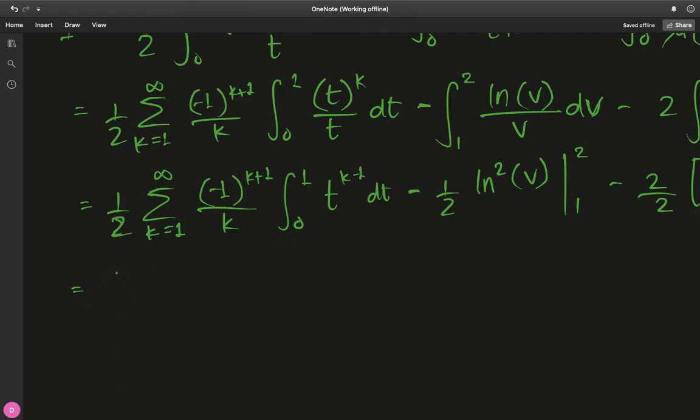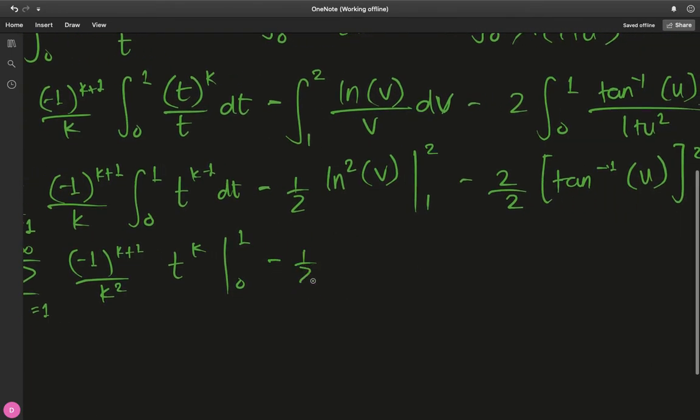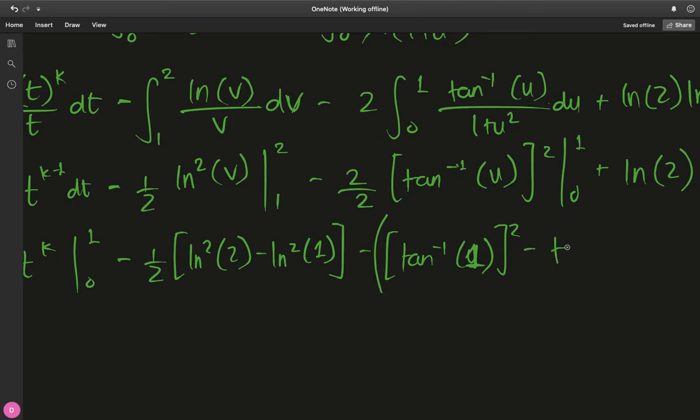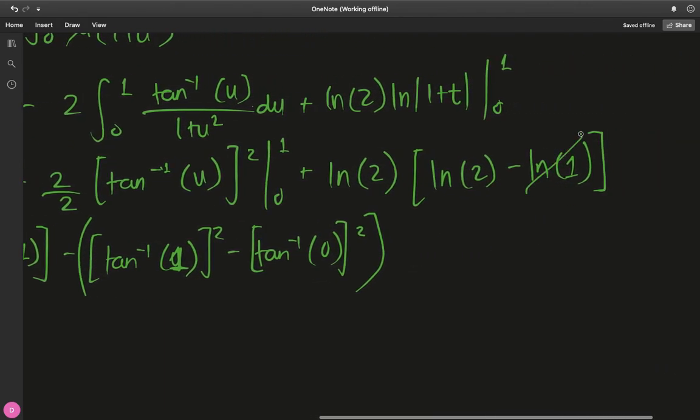So this, if you want to integrate, will be half of the sum from k equals 1 to infinity, and then using the power rule on this, we have minus 1 to the k plus 1 divided by k, and then another k because of the power rule will make it a k squared, and t to the k evaluated from 0 to 1, minus, over here we have half of natural log squared of 2 minus natural log squared of 1, minus inverse tangent of 1 squared minus inverse tangent of 0, but the whole thing squared, and natural log of 1 is 0, so this goes to 0.